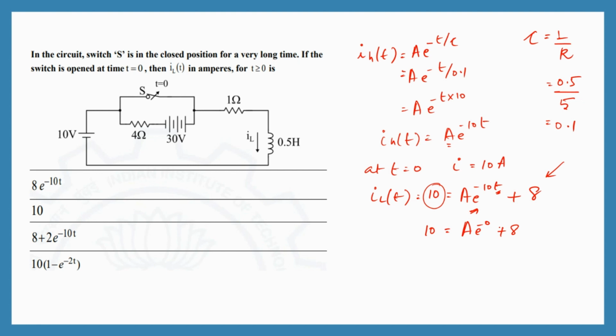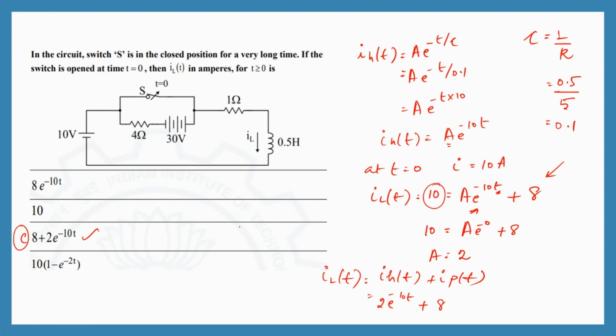E power 0 is nothing but 1. Therefore, A is found to be 2. So essentially, IL of t is equal to IH of t plus IP of t, where IH of t is 2 e power minus 10t and IP of t is 8. So option C is the correct answer for this question.